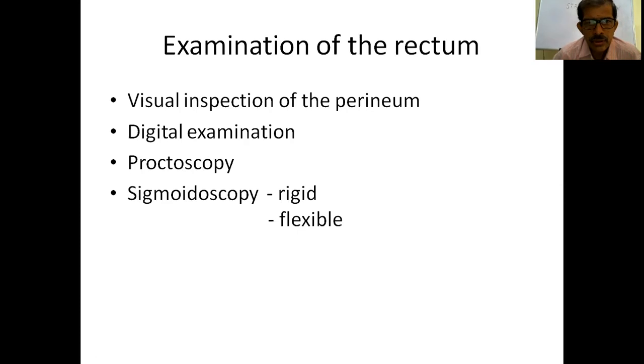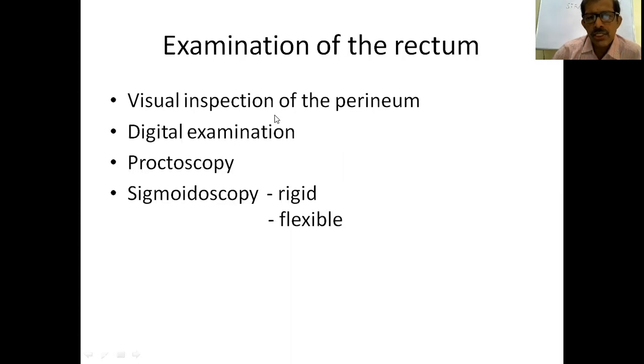Okay. Now, how do we examine the rectum? The external examination, before doing proctoscopy, you are supposed to inspect. Of course, not many lesions of the rectum can be seen outside, but there are two important lesions of the GIT. One is intussusception, if it is below the perineum, it can present very, very rarely.